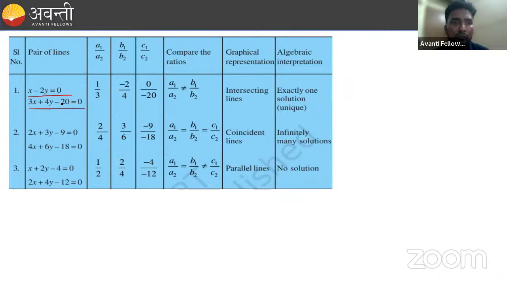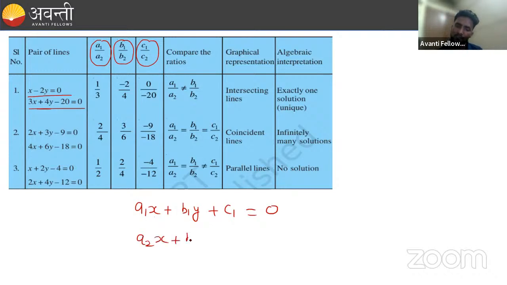Okay, so you just have to check the ratios a1 divided by a2, b1 divided by b2 and c1 divided by c2. If you ask what are a1, b1 and c1, suppose there are two lines, so I am writing these two lines in this form: a1x plus b1y plus c1 is equal to 0, where x and y are both variables, and similarly a2x plus b2y plus c2 is equal to 0.